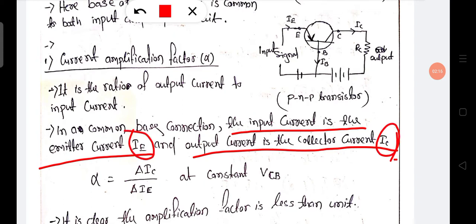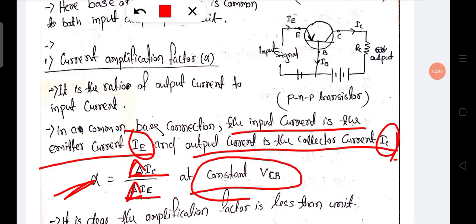So the current amplification factor, alpha, is del IC by del IE, that is, the change of collector current with respect to the change of input current IE, at constant VCB, the collector-base voltage.